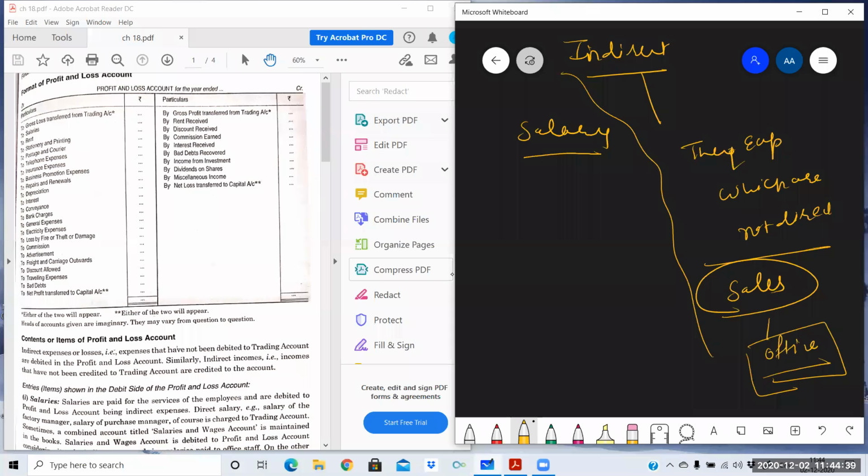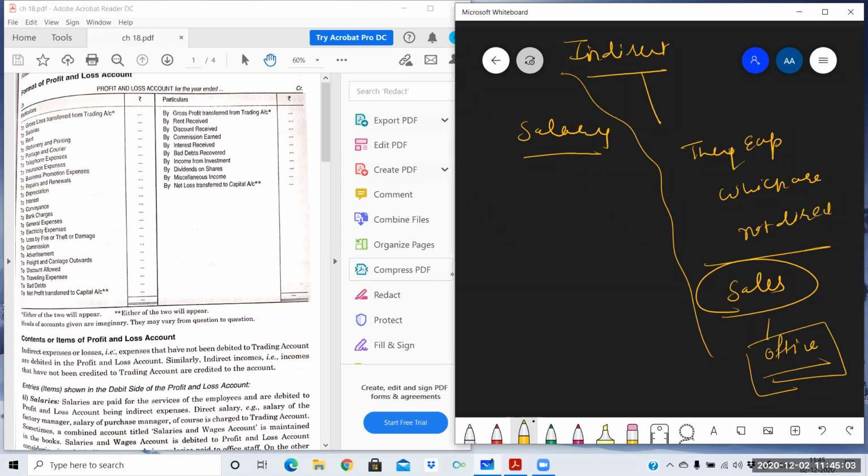There is a very short list of direct expenses, which I have already told you yesterday, like wages and salaries, fuel, carriage inwards, freight inwards, power, coal, factory electricity, factory rent, factory insurance. So apart from all the direct expenses, any other expense will be known as indirect.